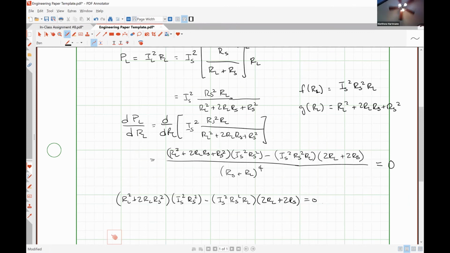There's a common factor of IS squared in both terms that we can get rid of pretty easily.